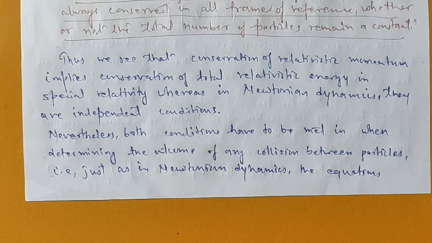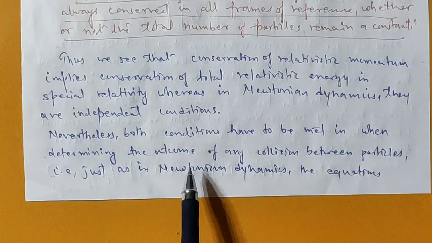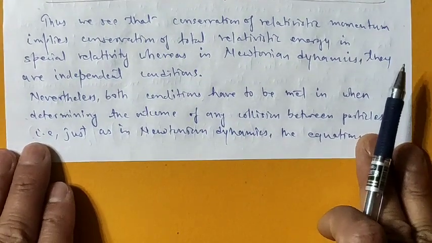However, in the special theory of relativity, due to the symmetry of space and time, we have a dependency between relativistic momentum and total relativistic energy, because conservation of relativistic momentum implies conservation of total relativistic energy. Nevertheless, both conditions have to be met when determining the outcome of any collision between particles.